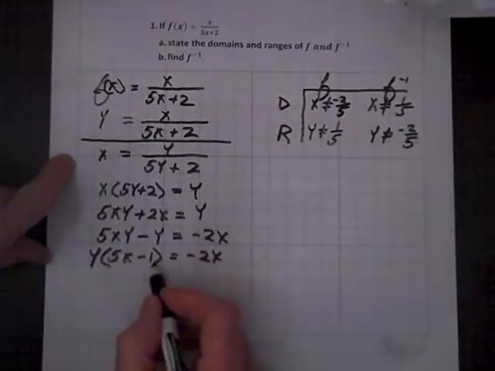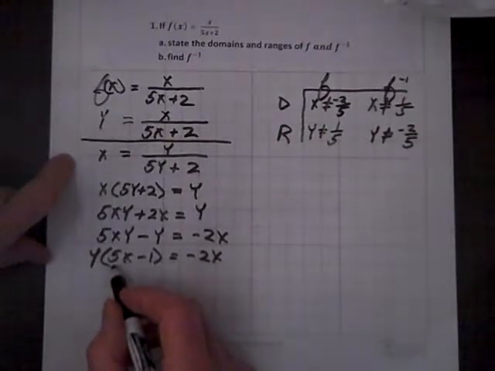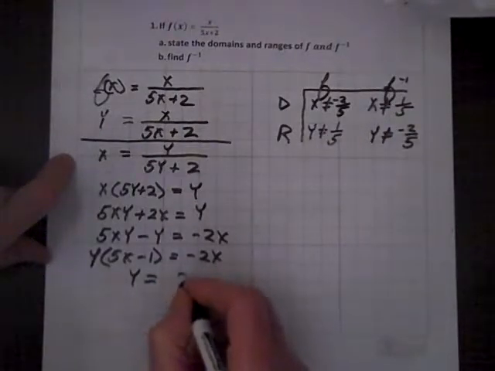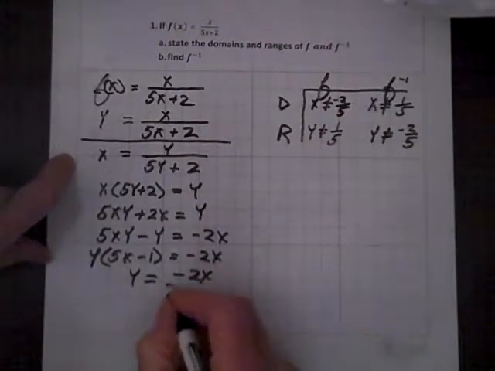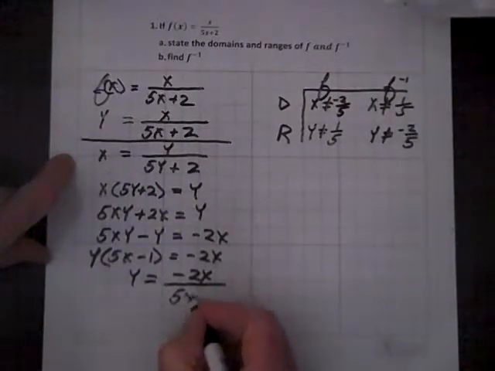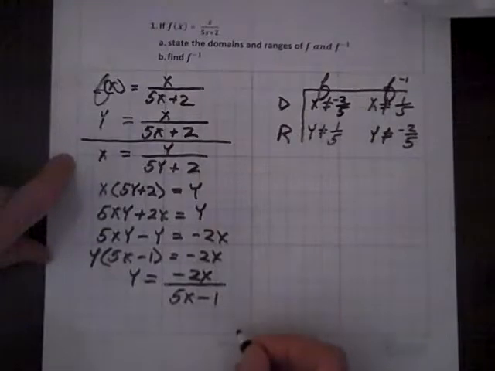And now we'll divide through by this factor 5x minus 1, and we isolate y. And so that equals negative 2x over 5x minus 1.